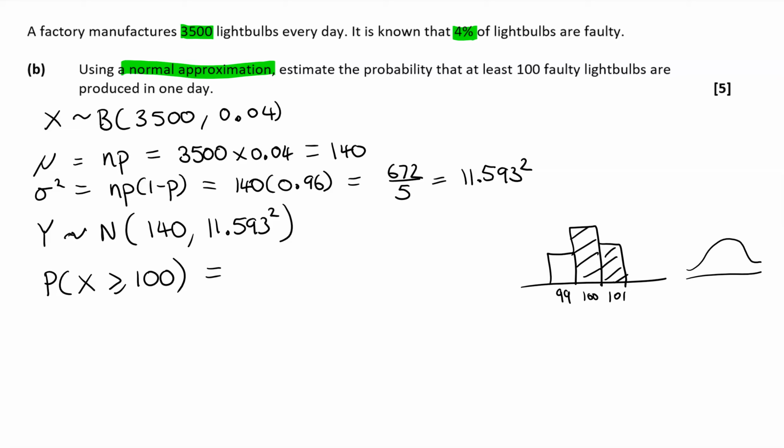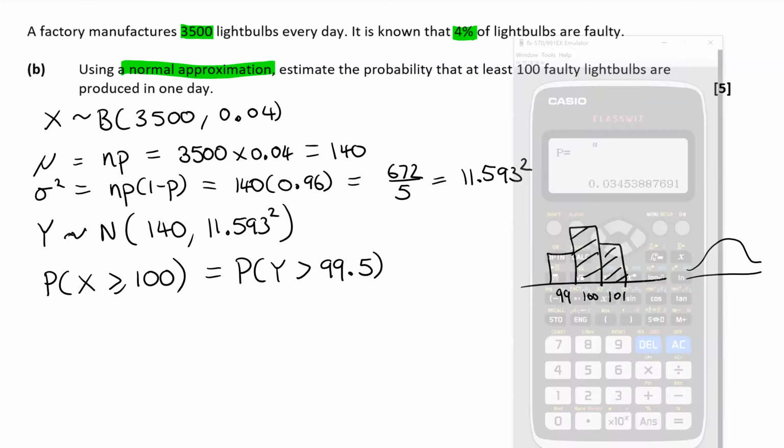I have to treat the number 100 as ranging between 99.5 and 100.5, the lower and upper limits of 100 if I round to the nearest integer. So instead of working it out as 100 or more, I need to work out, for normal, 99.5 or more. Now the greater than or equal to doesn't matter with normal, remember, because it's continuous.